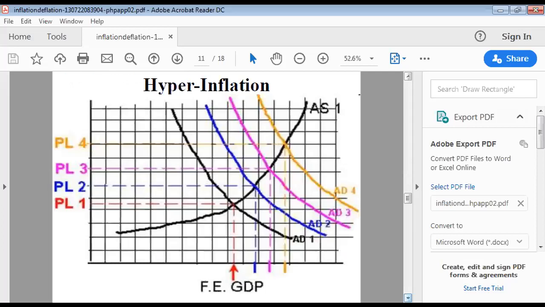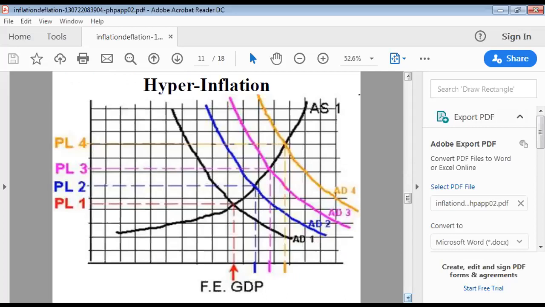So this graph explains hyperinflation. Let me try to explain this. The first point of meeting is where aggregate demand AD1 meets PL1. At that point, that's where the economy was before inflation started occurring.